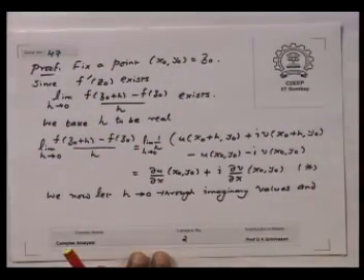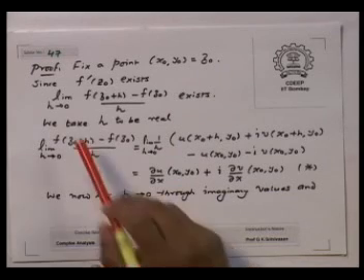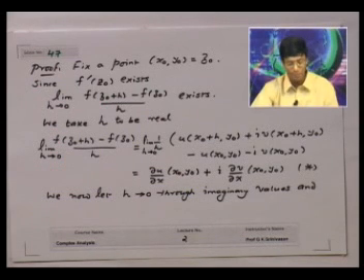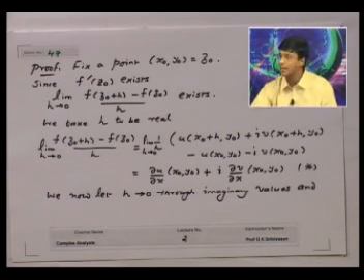Okay, so let us fix a point x naught, y naught and call it z naught. Since f prime of z naught exists, the limit as h tends to 0 of f of z naught plus h minus f of z naught upon h exists. We take h to be real, so along the real axis h goes to 0.